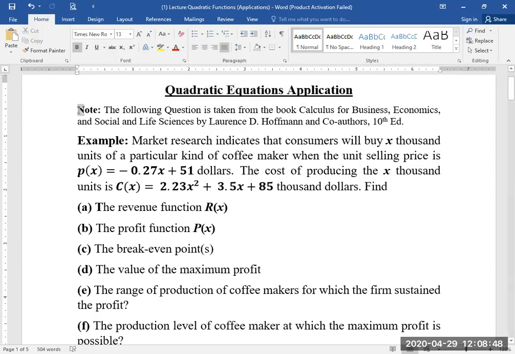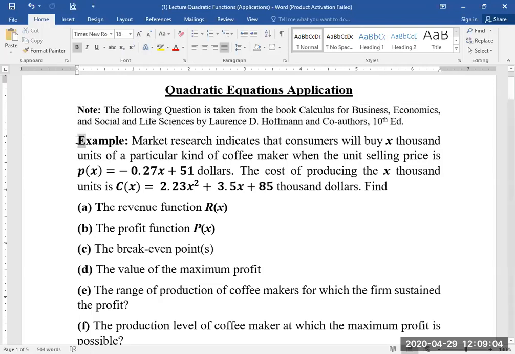This problem is taken from the book Calculus for Business, Economics, Social Sciences and Life Sciences by Lawrence D. Hoffman and co-authors, 10th edition.